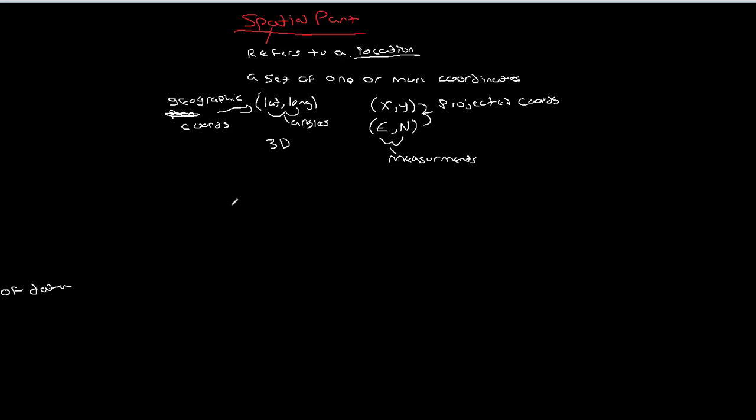So when we talk about the spatial part, once we know that we're talking about coordinates, either geographic or projected, the next thing that we need to describe is the types or categories of spatial data. Right, there are categories of spatial data.